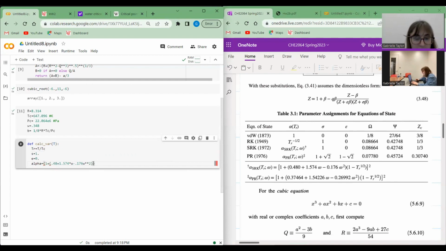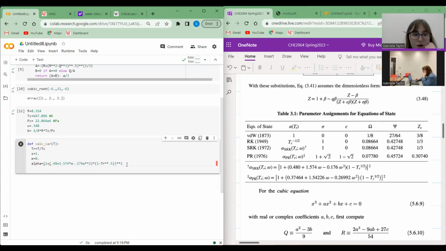And then this is going to be multiplied by 1 minus temperature reduced to the 0.5. Okay, and then all of this is going to be to the power of 2.